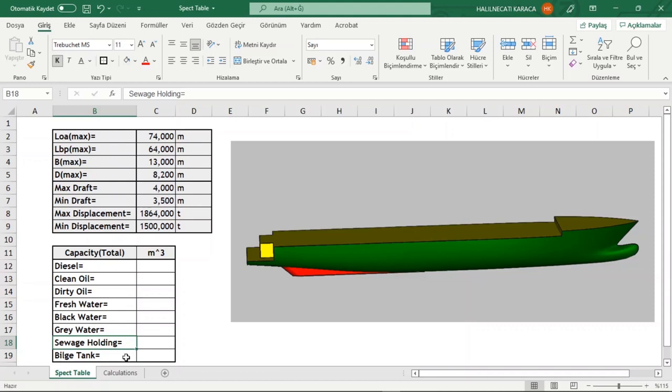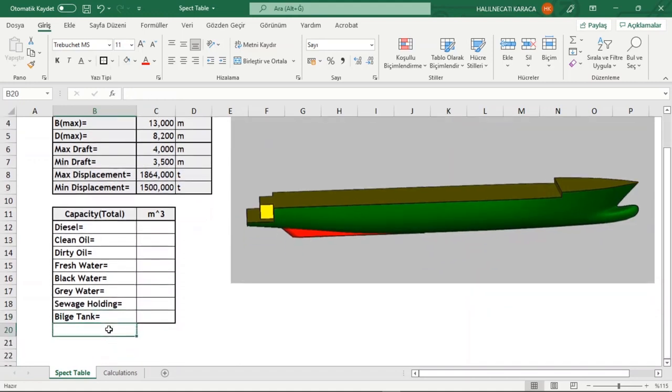Bilge tank is a dirty water and oil tank. It is the tank where the oil or dirty water leaking from the main engine or auxiliary machines is stored. The next tank I haven't added here will be the high fog tank. It's spelled high fog.